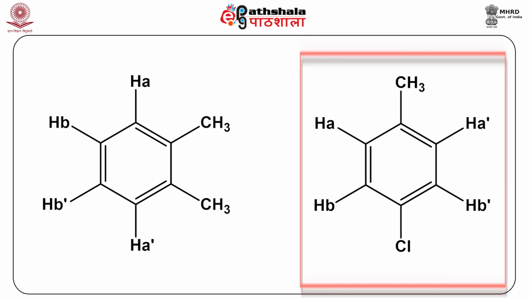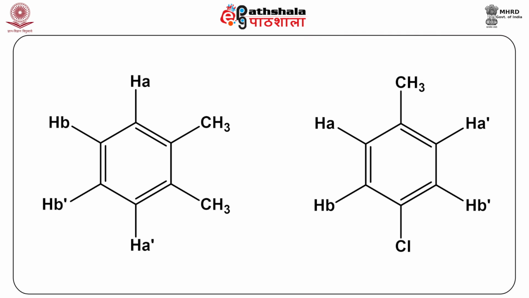Para-disubstituted benzenes. In 1,4 homo-disubstituted benzenes, there is a plane of symmetry passing through C1 and C4. Hence, both HA protons and both HB protons are chemically equivalent. Now, students, let us first talk about the proton HA.